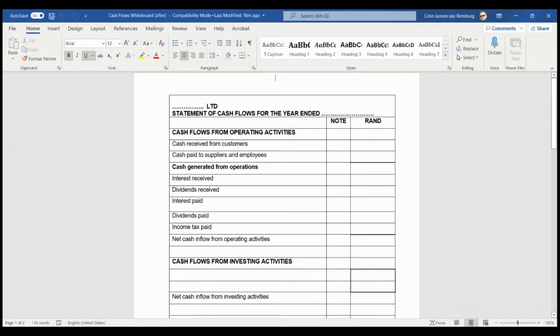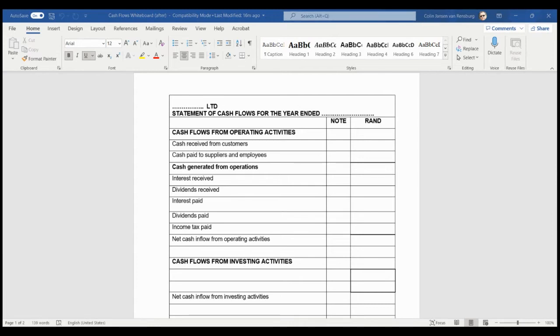Now, when we did those two topics, ladies and gentlemen, what did we say? What is the big difference between the first four statements that are covered in the presentation of financial statements, in other words, IAS 1, and the statement of cash flows, which is not part of IAS 1. It has its own financial reporting standard, IAS number 7, IAS 7, International Accounting Standard 7.